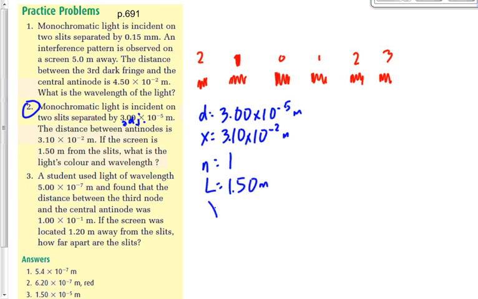Let's get the wavelength there. Clearly, this is the one that we would want to use, xd over nL, but can we? Can we use it? Is L more than 10 times x? Yes, it is. Okay, so this is good.